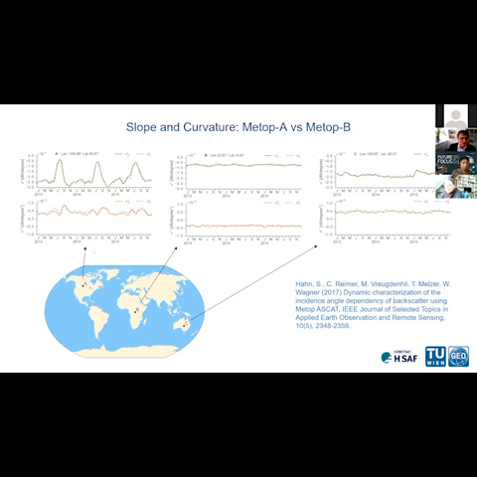Here in this plot, you see from 3 different locations on the Earth the slope and the curvature. The green lines are for METOP-A and the red-orange lines are for METOP-B. Location A is from the Canadian prairies. You have in winter a rather stable slope, reflecting dormant vegetation.